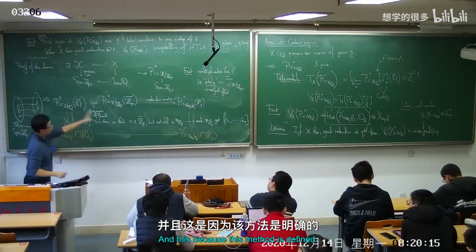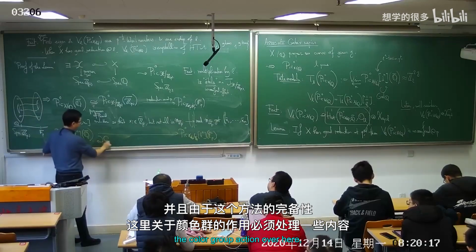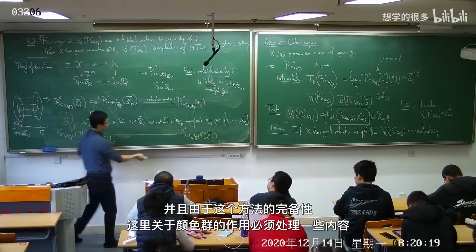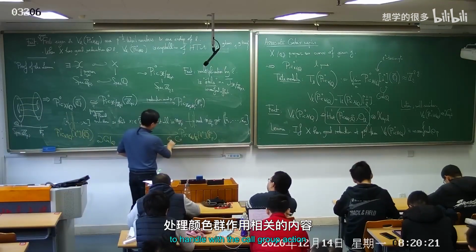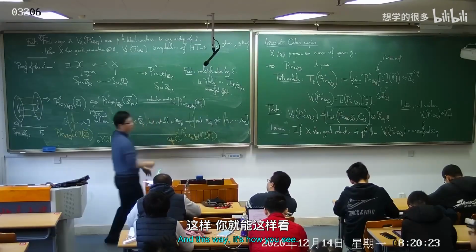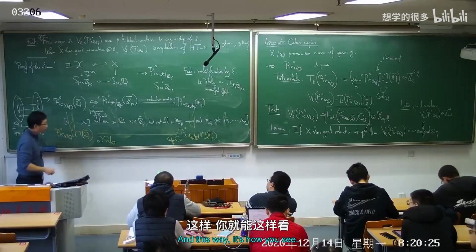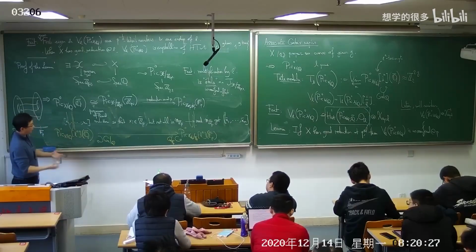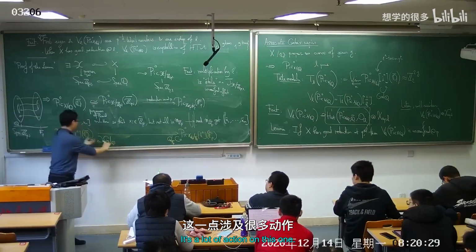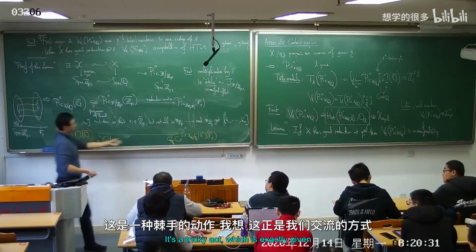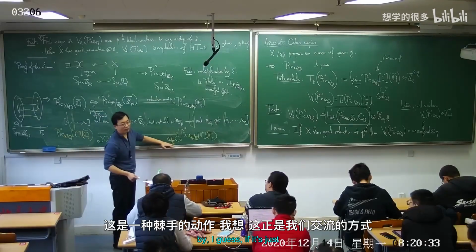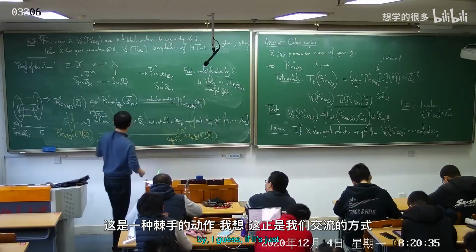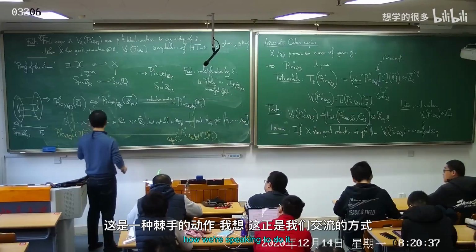And because this map is well defined, the Galois group action over here must be compatible with the Galois group action over here. This way you see explicitly that the Galois group action on this one, in particular the Q_p action, will be exactly given by the restriction.